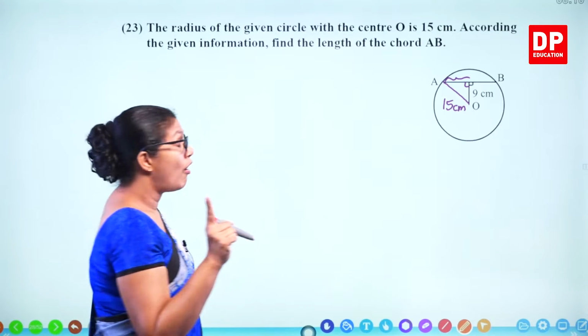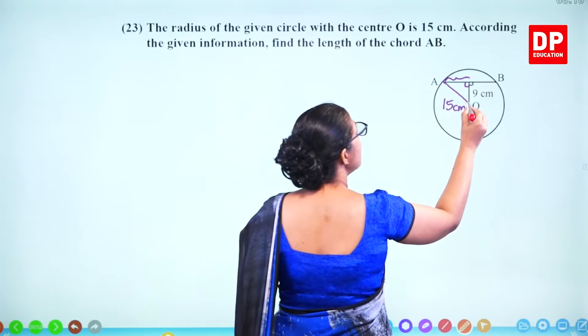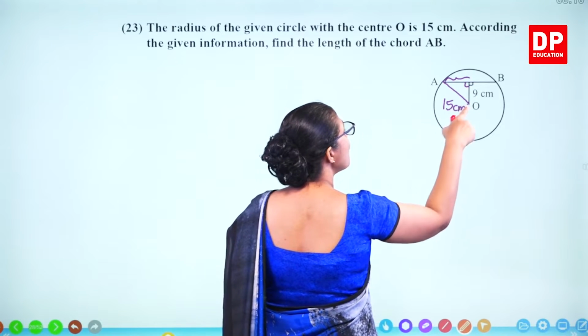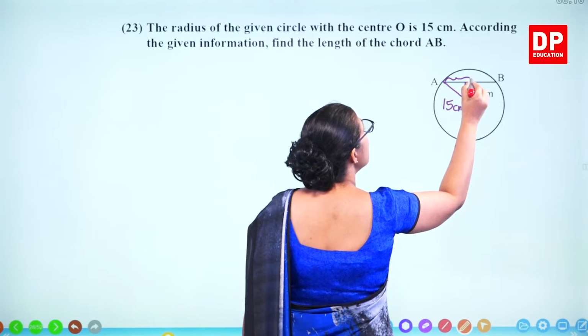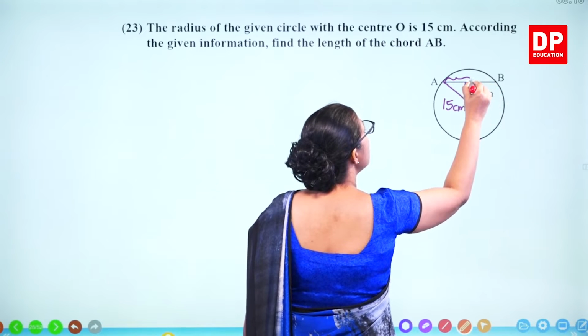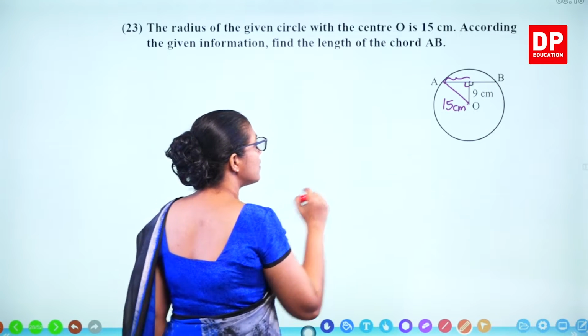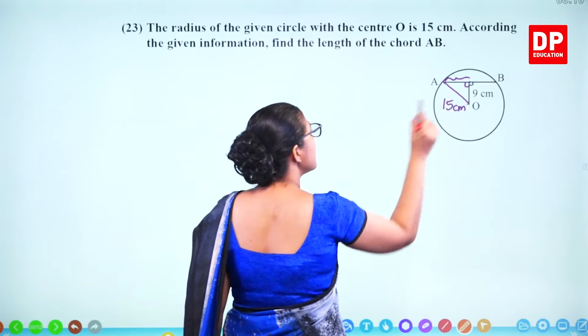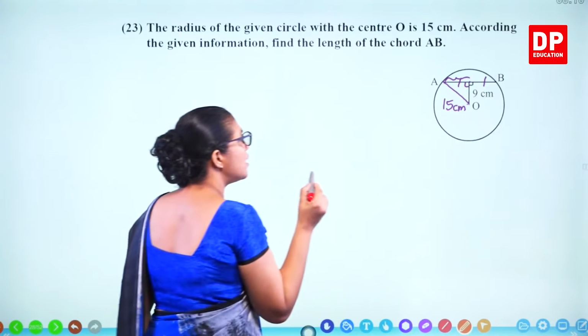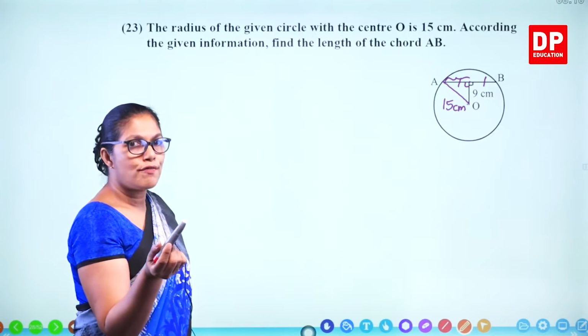According to the theorem, a perpendicular line drawn from the center intersects the chord at its midpoint. So this length is equal to this length, these two lengths are equal. So AB becomes double of that.